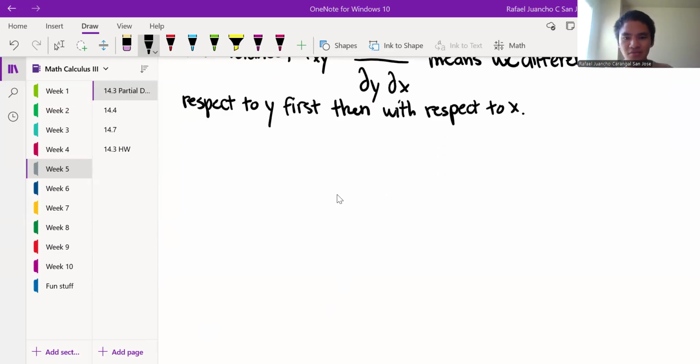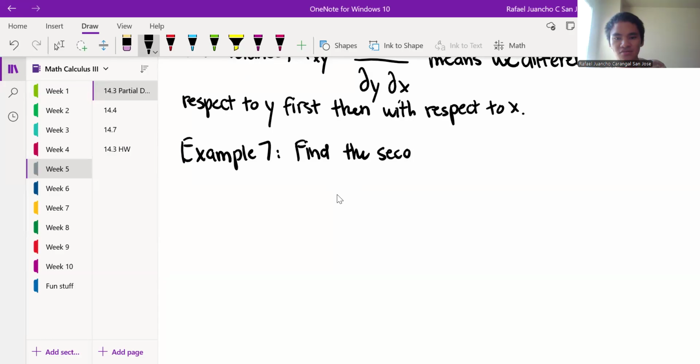Okay, I'll do two examples here actually. So here we're being asked to find the second partial derivatives of this one. So we have f.